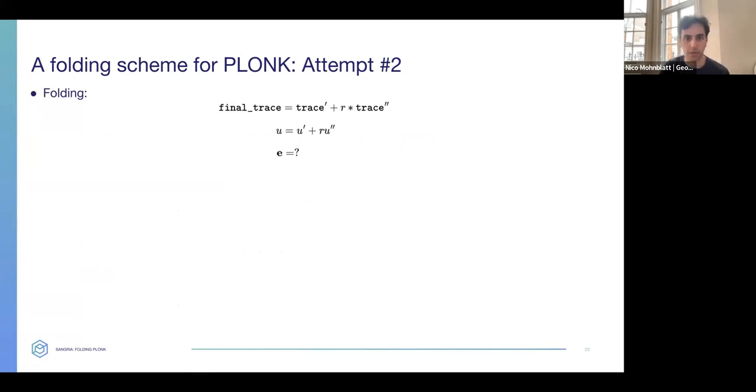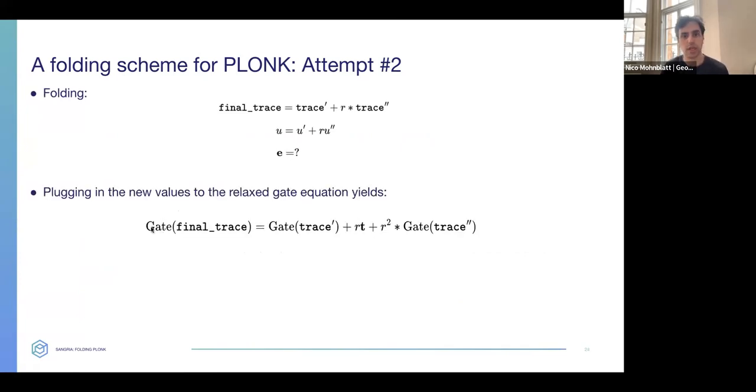Why do we care about getting something homogeneous? Because once you do distribute the gate of the final trace, and by that I mean one row of the final trace, you will have a polynomial in r, which is the folding value.